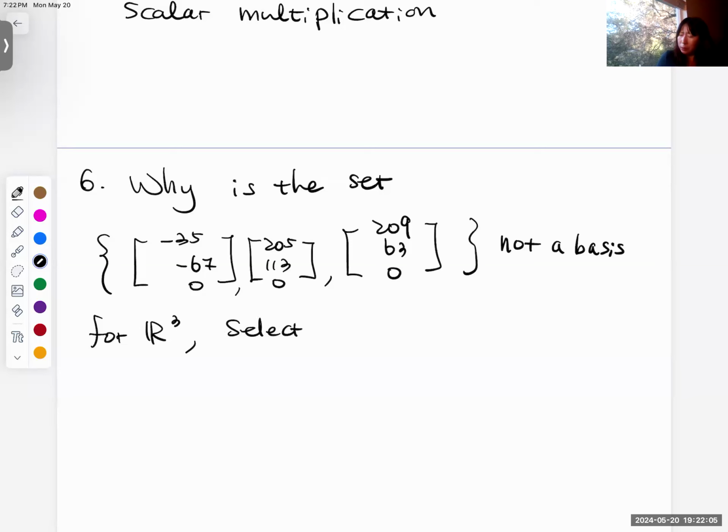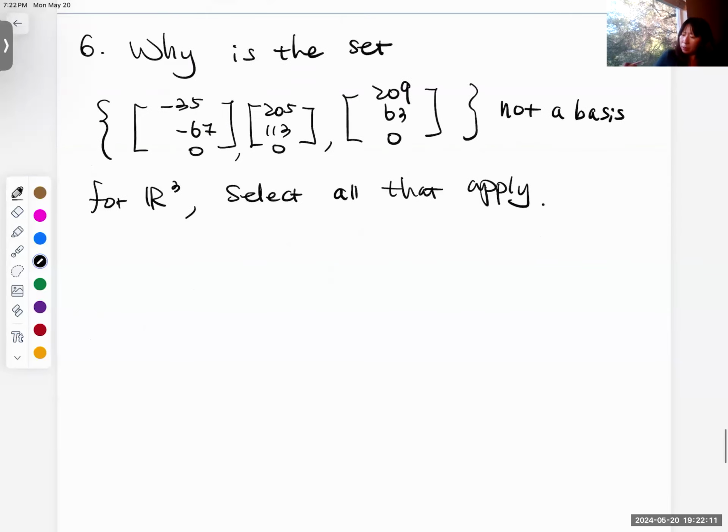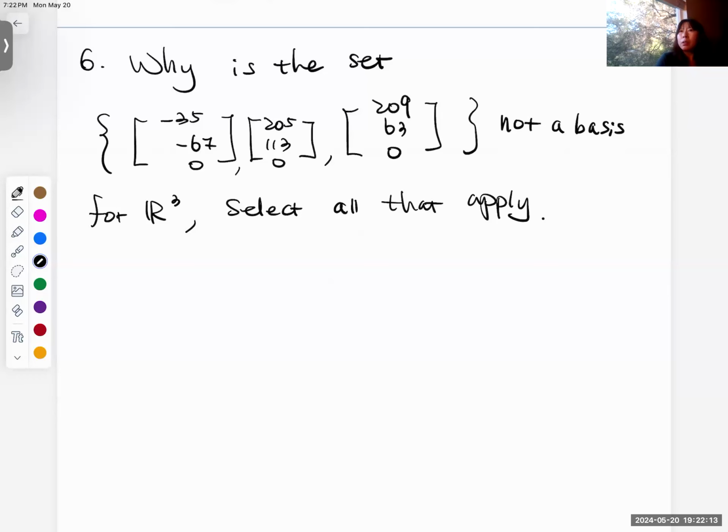So your classmate says that this is linearly dependent? Okay, thank you very much.